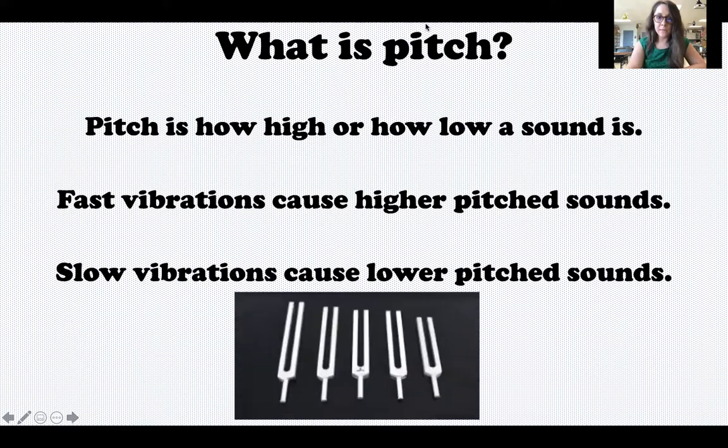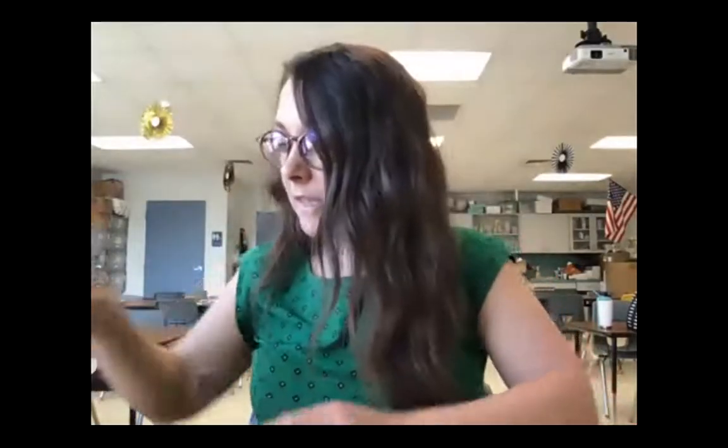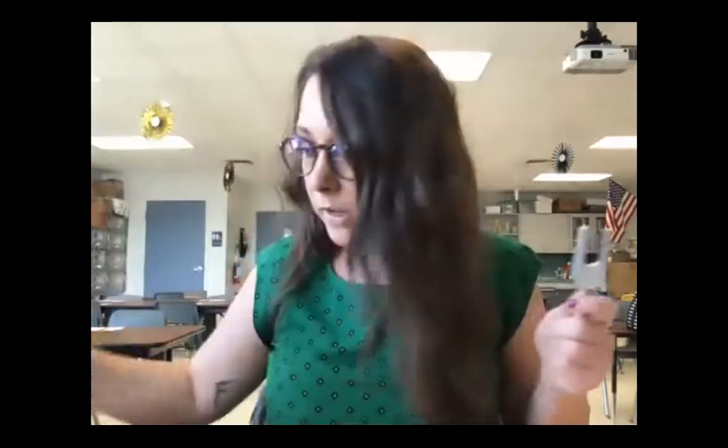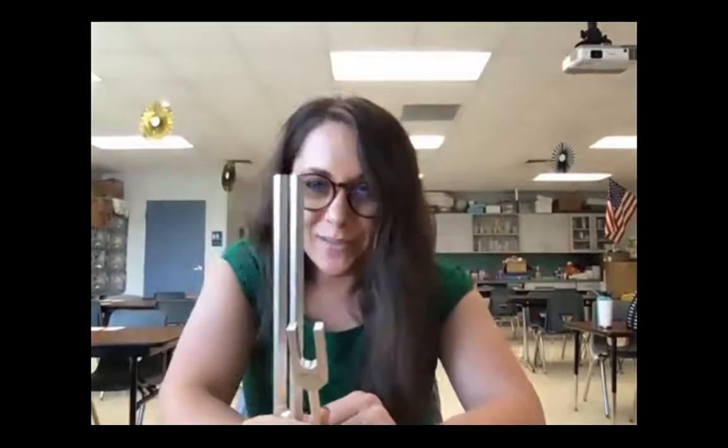So I'm going to give you an example of this. I'm going to stop sharing for a minute and come back. I have these things right here called tuning forks. If you've been in the science lab, you have seen these before in previous grade levels. These are not like the types of forks that we eat with.